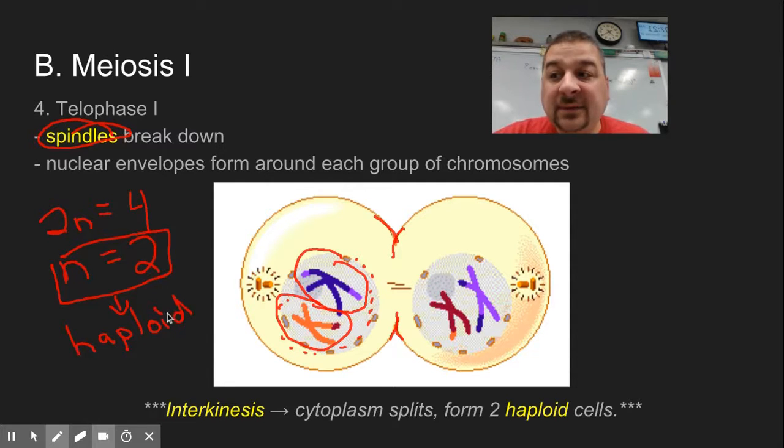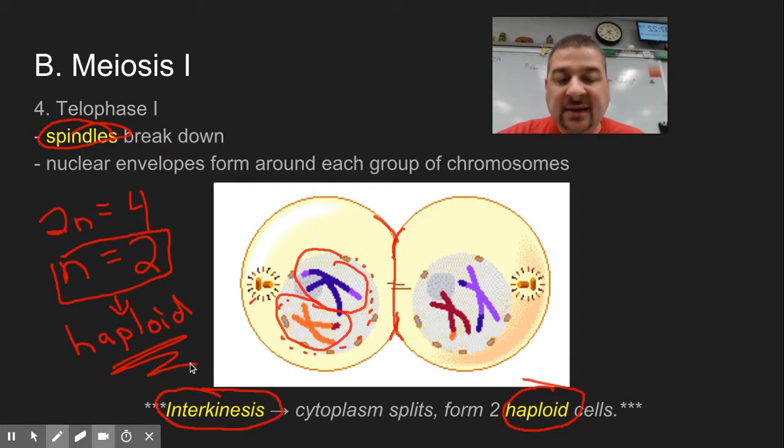So already different from mitosis is that these cells are not the same genetically anymore. They have a different number of chromosomes. And then instead of going all the way through interphase again, there's just a short break we call interkinesis, in which you get cytokinesis, in which these divide and you form 2 haploid cells, which I just explained over here.